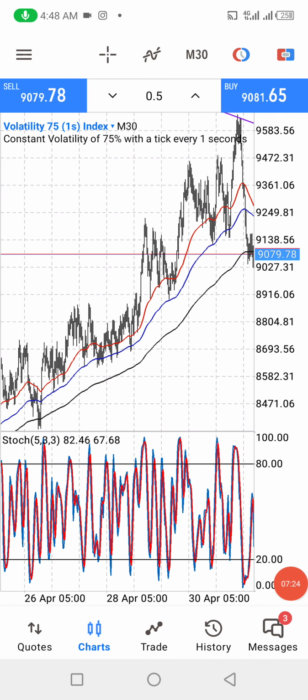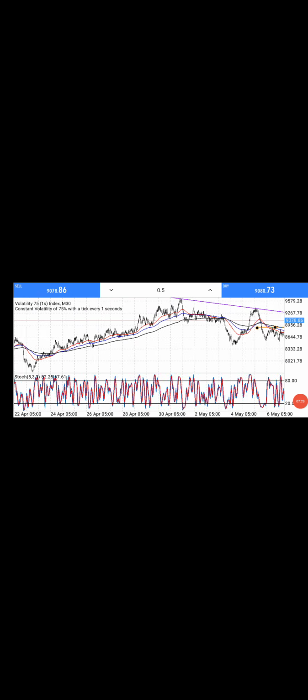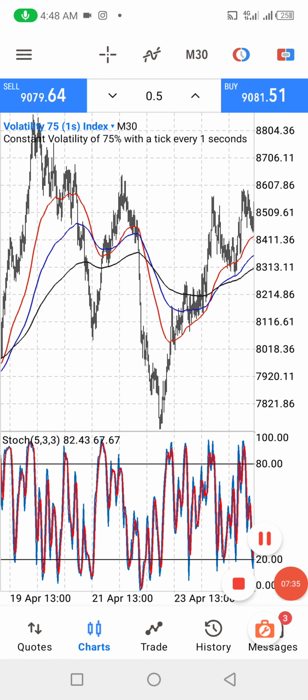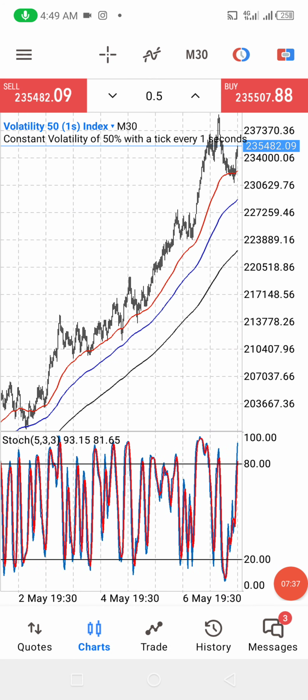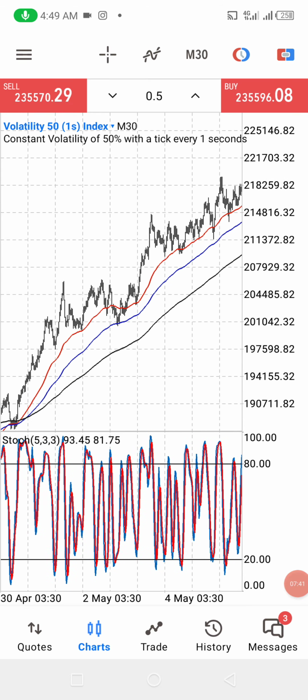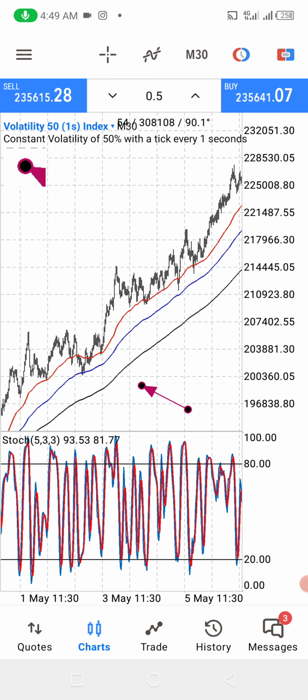Okay, I'm going to give another example about how the moving average is very, very important. When you understand price action, the moving average will help. See Volatility 51s on the 30 minutes time frame. You see how price has been trading above the moving averages.